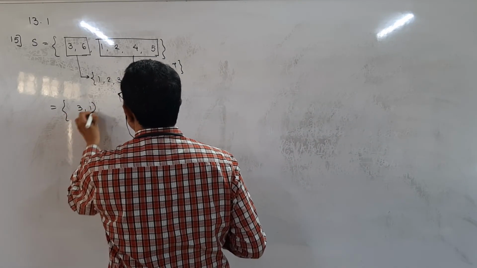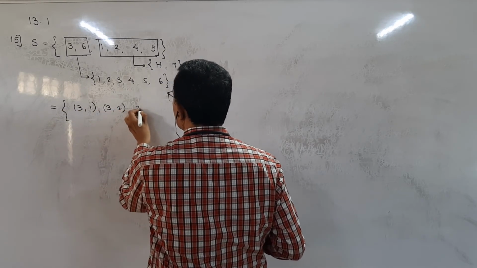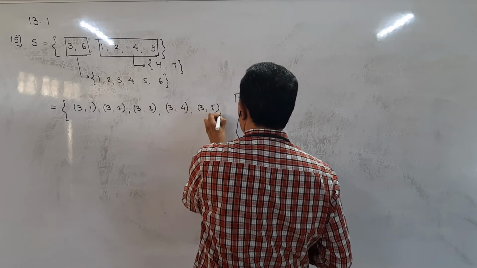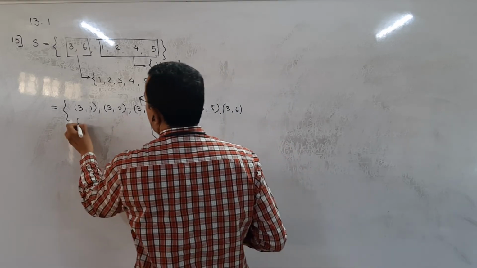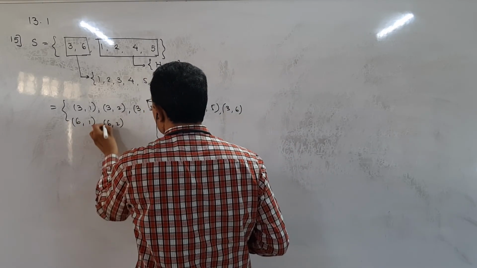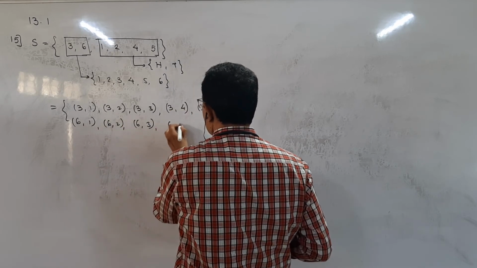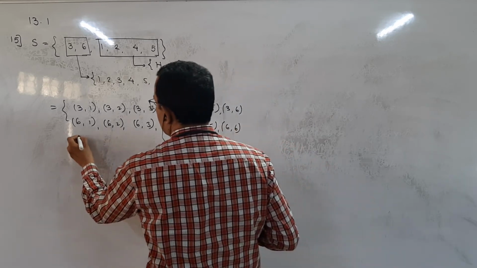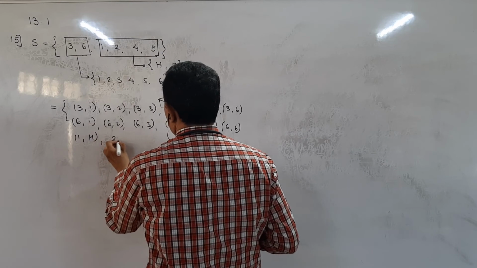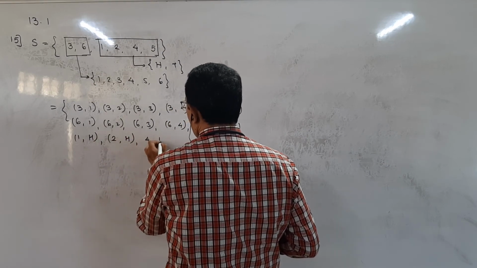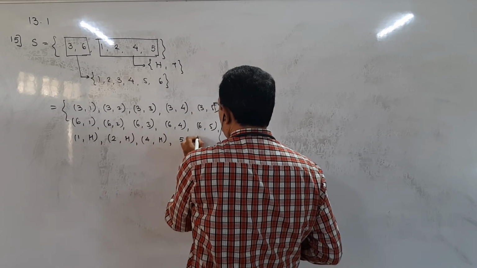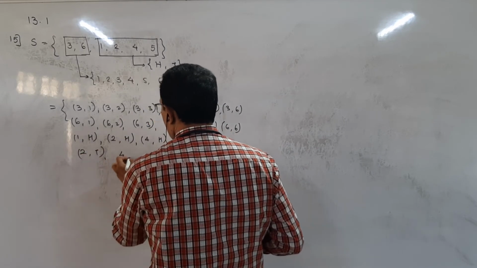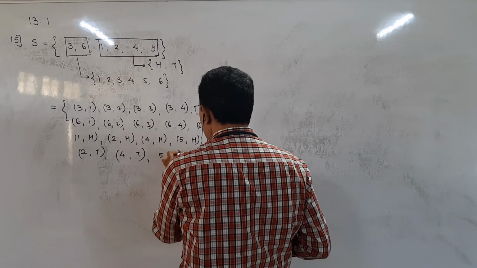So these pairs will be (3,1), (3,2), (3,3), (3,4), (3,5), (3,6), (6,1), (6,2), (6,3), (6,4), (6,5), (6,6), 1H, 2H, 4H, 5H, 1T, 2T, 4T, 5T.